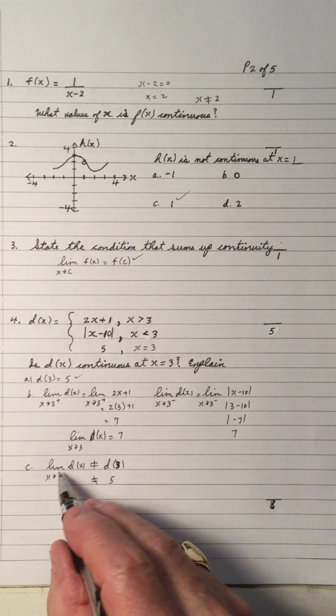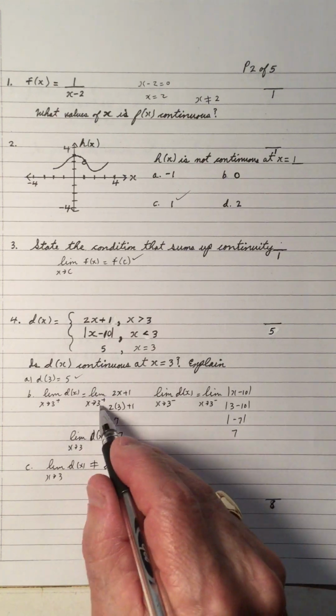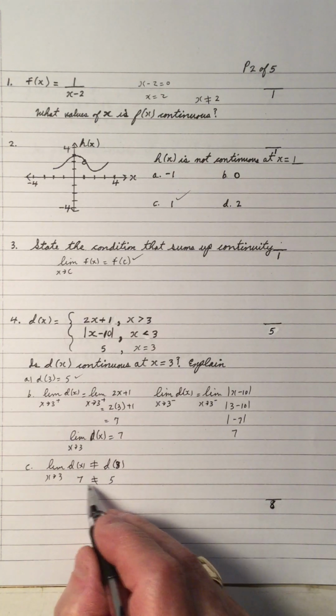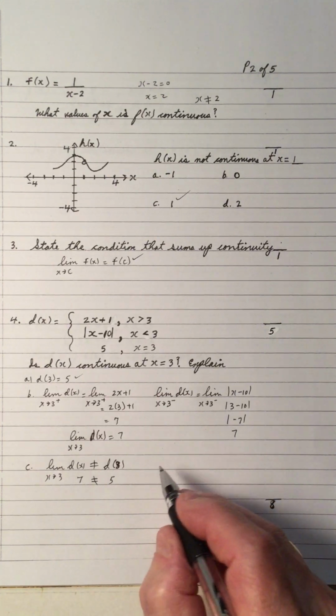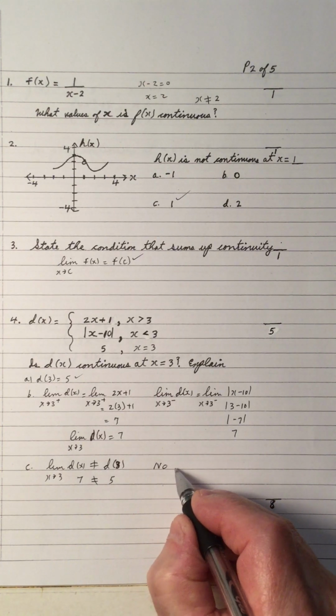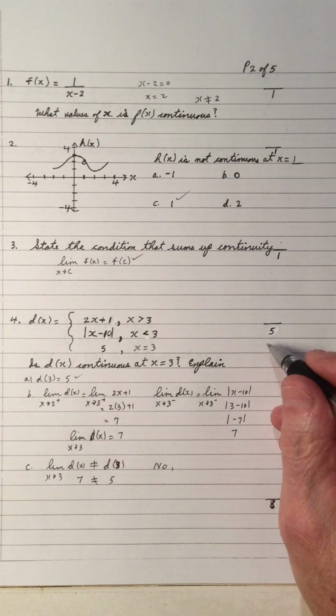As it approaches 3, on the left it is 7 and on the right it is 7, so the limit is 7. So 7 is not equal to 5, therefore the answer is no, it's not continuous. And there's the explanation.